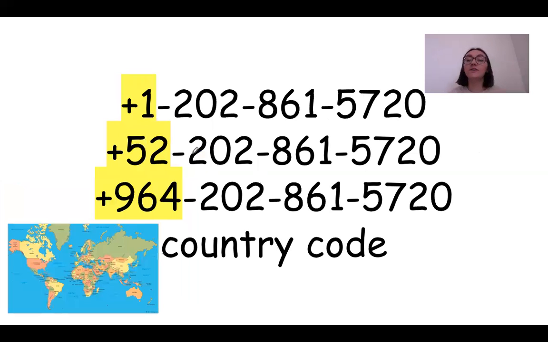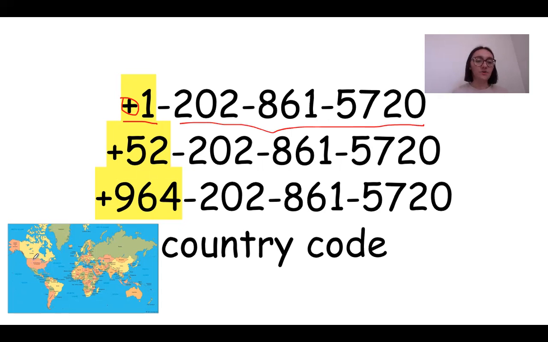Now, this one you probably know a lot about. This looks like a normal phone number in the US. But if you see this little plus sign in front of a number and then a group of numbers, that's the country code. That is what allows you to call someone that lives in another country.